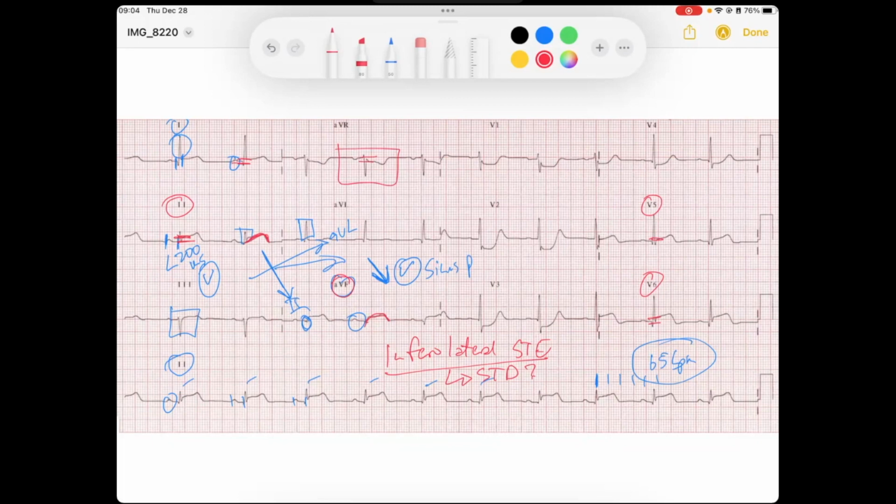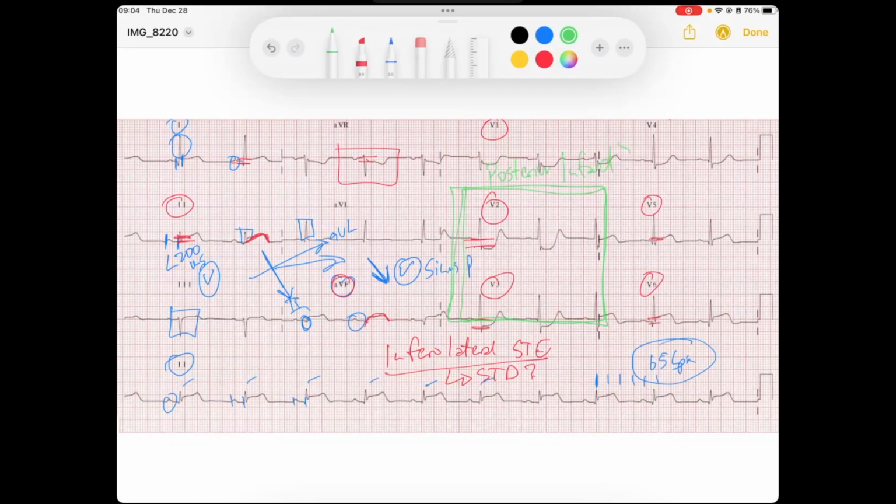But when I look at the anterior leads, V1, especially V2, V3, I see significant depression. And so every time you see depression in V2, V3, these anterior leads, the first thing I want you to think about is, is this also representing a posterior infarct?